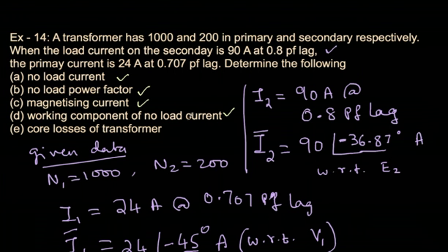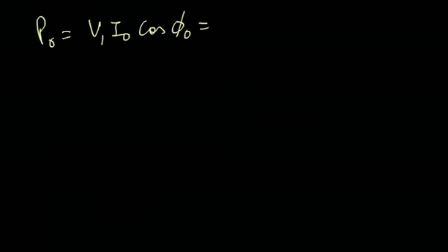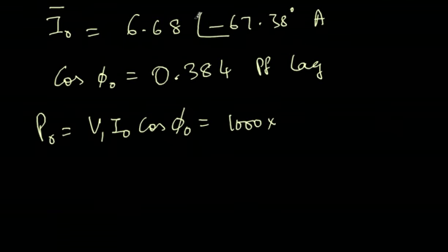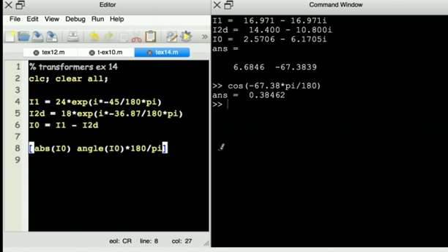Just assume V1 equal to 1000 itself. So if I do that, then I can calculate this. So this is 1000 and I0 is 6.68 and cos phi naught is 0.384. So from this I get 1000 multiplied by 6.68 multiplied by 0.38462.